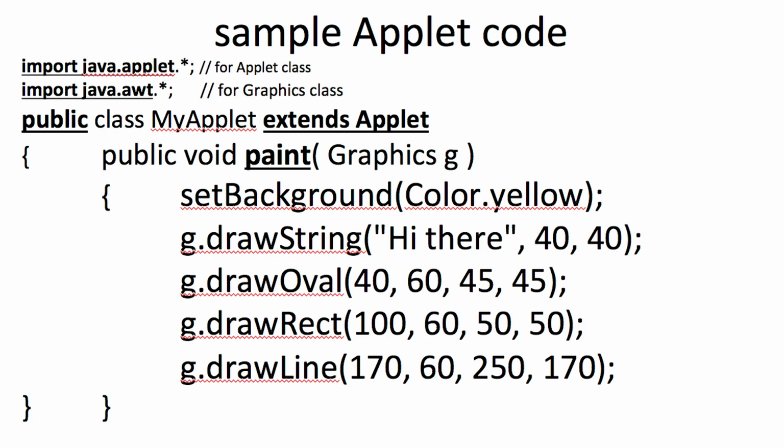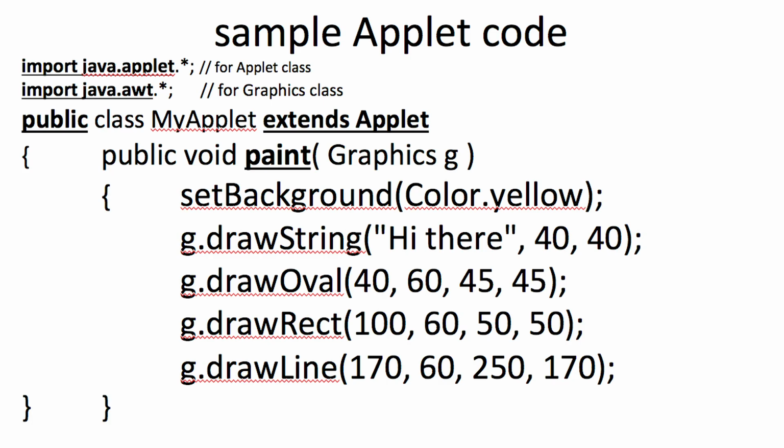Now class MyApplet here, and extends Applet. So MyApplet we have created, and we are extending it from the Applet class, and then public void paint function. So rather than using public static void main as in a simple application program, we are using public void paint function. Graphics g is the argument.